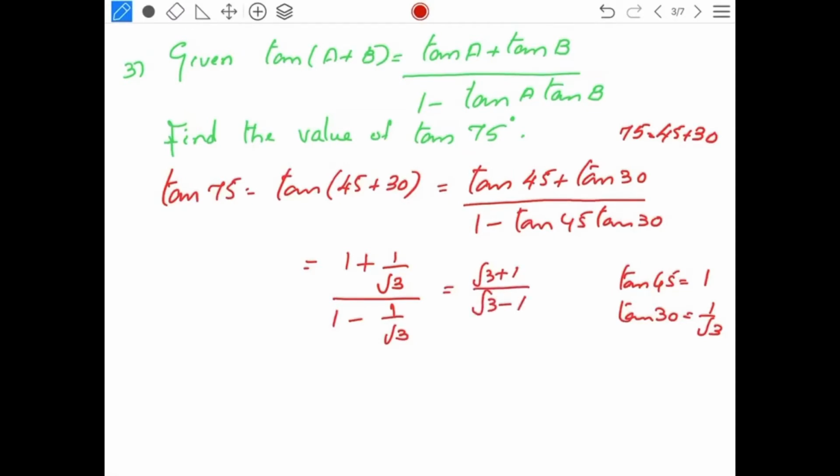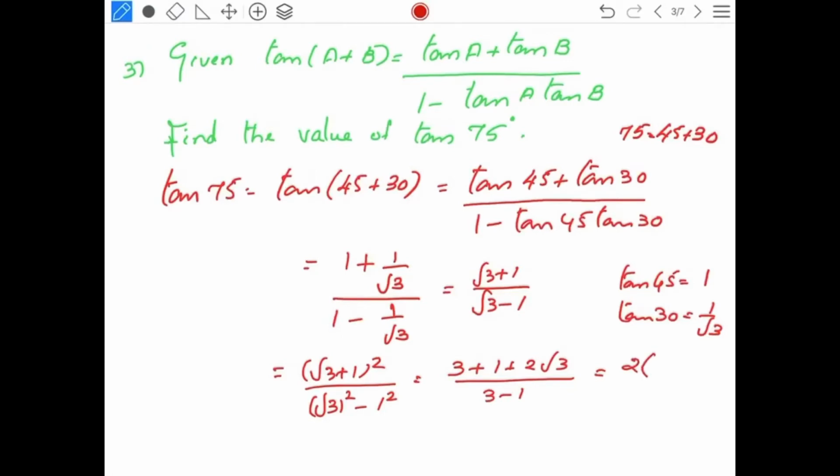You can rationalize this. So you will get root 3 plus 1 the whole squared by root 3 the whole squared minus 1 squared. So this is 3 plus 1 plus 2 root 3 by 3 minus 1. So 4 plus 2 root 3. So you take the 2 common out.